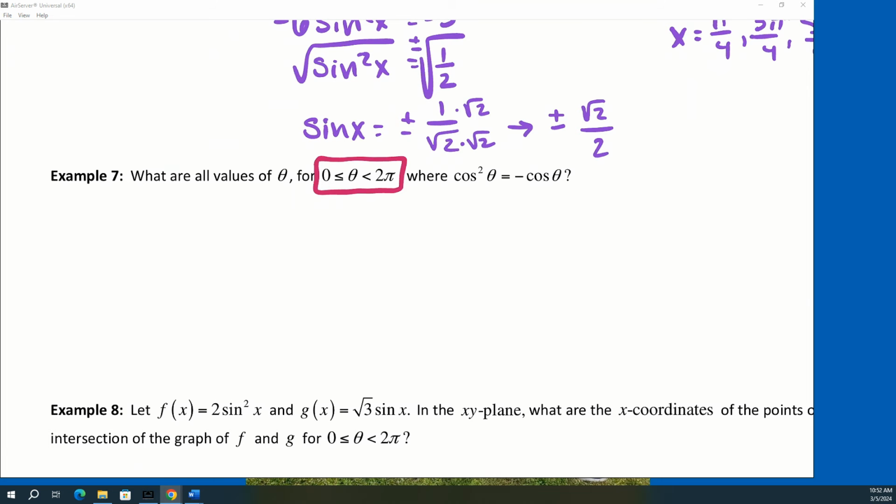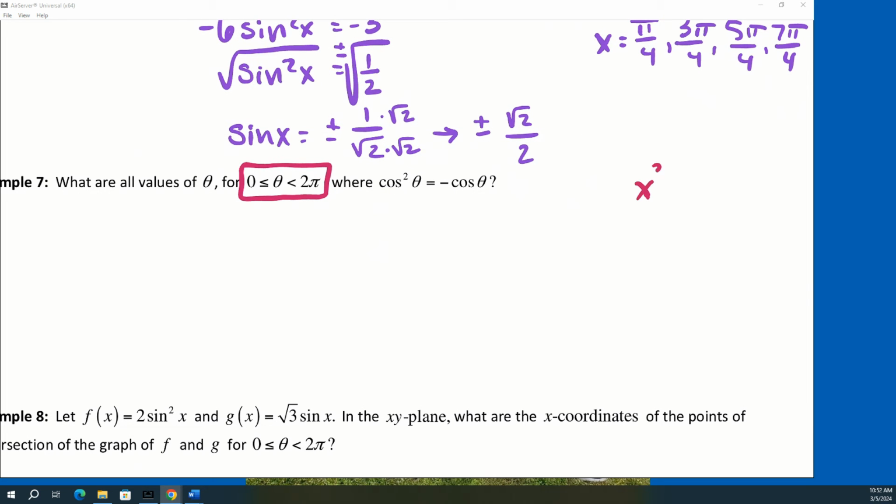So for example, if this had been x squared equals negative x, what would you guys do if we wanted to solve this for x? Yeah, you get everything on one side so you can factor it.